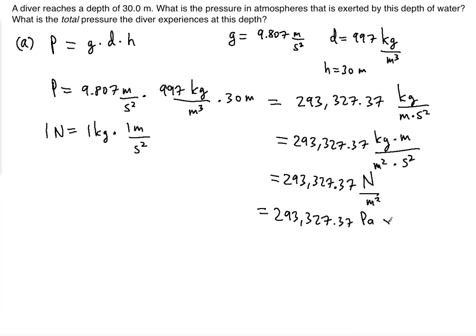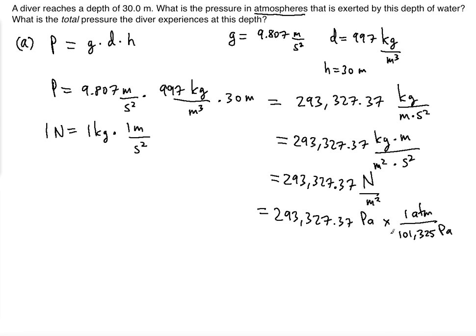Now converting it to ATM, because you have to find it in atmospheres. 1 atmosphere is equal to 101,325 Pascal.